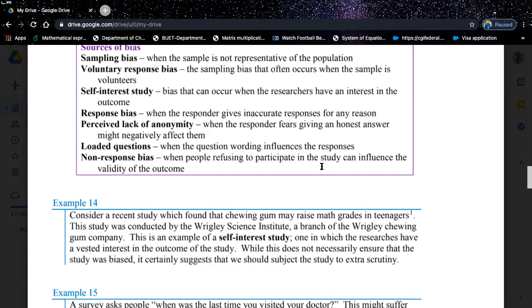So it suggests that it's a self-interest study. We're not sure, but they might be doing it because it will benefit them, on how to maybe add flavors to the chewing gums, or they can advertise it better, and doing different things, right? So this could be an example of a self-interest study.